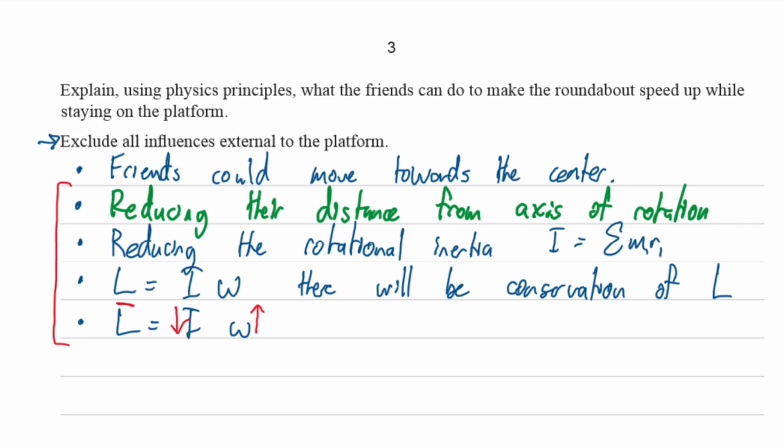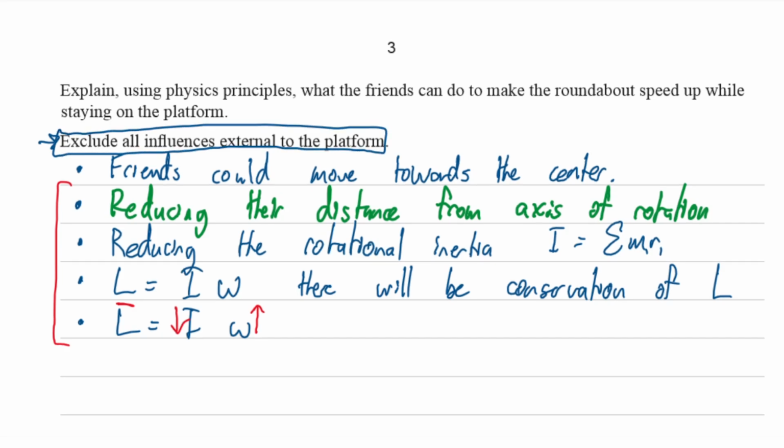Inertia depends on mass and radius. So they're not changing their mass, but they are changing their radius. And by conservation of angular momentum, which we can assume, if rotational inertia decreases, angular velocity increases. Right, so they will speed up on the platform.